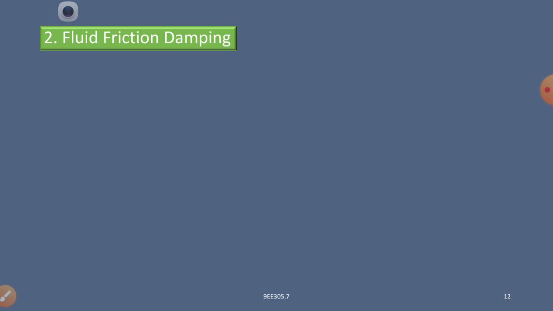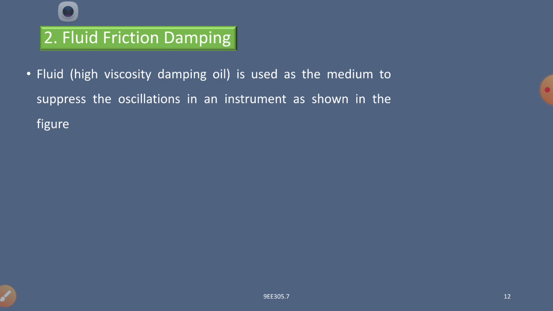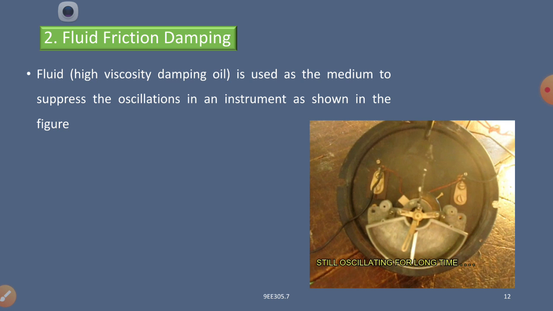This technique is used in our instruments. You can see how we use it. A high viscosity damping oil is used as a medium to suppress the oscillations in an instrument, as shown in the figure, and this is known as fluid friction damping.